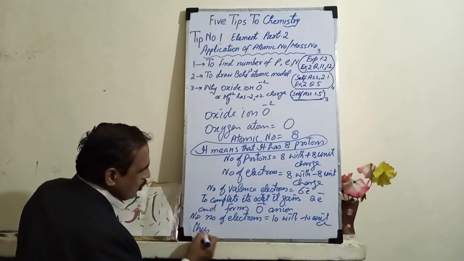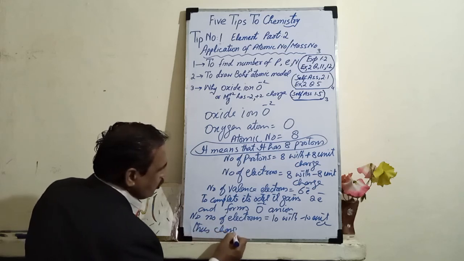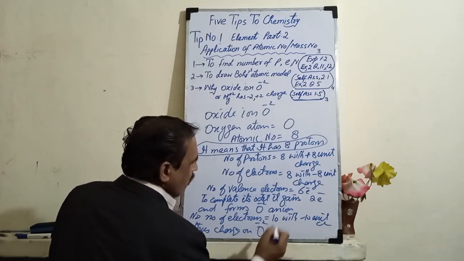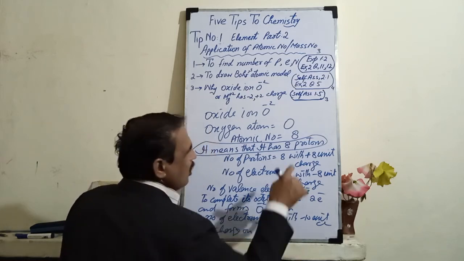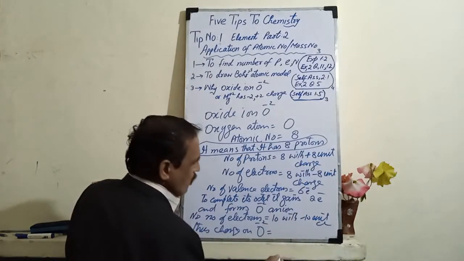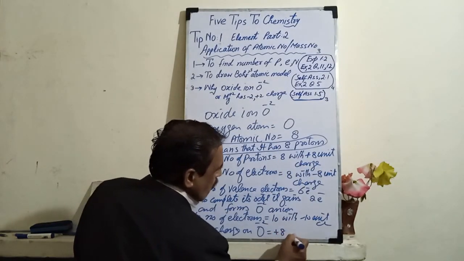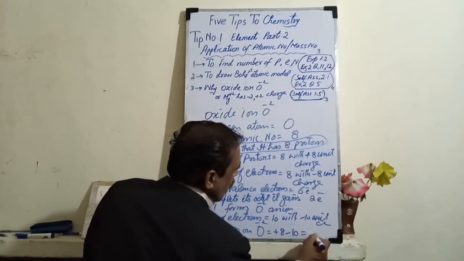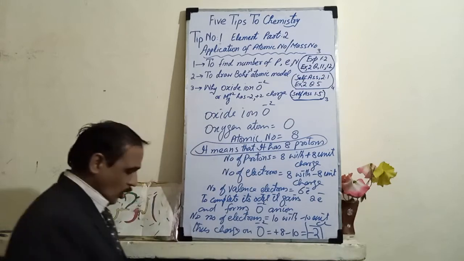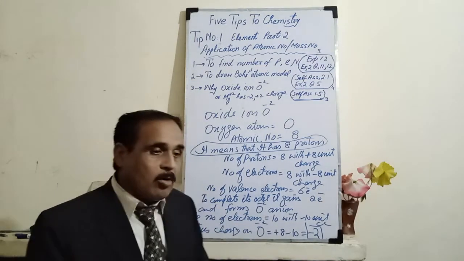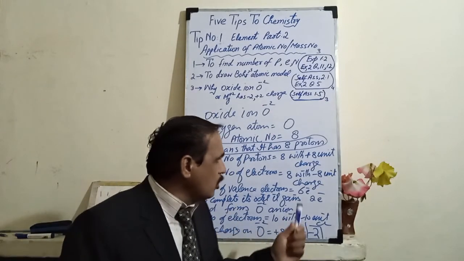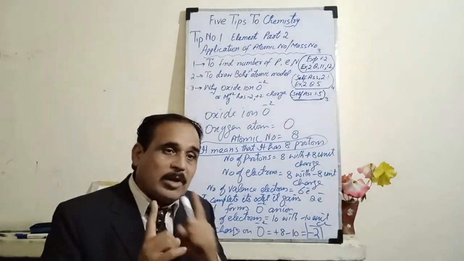Thus, charge on oxide ion is equal to, but protons are not changed. Number of protons is plus 8. Plus 8 minus 10 is equal to minus 2. In this way, I have determined oxide ion has minus 2 charge only with the help of atomic number.